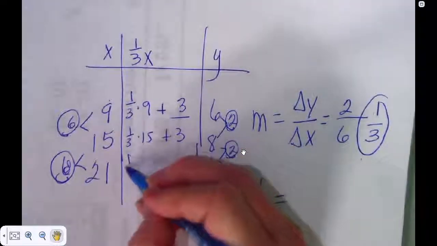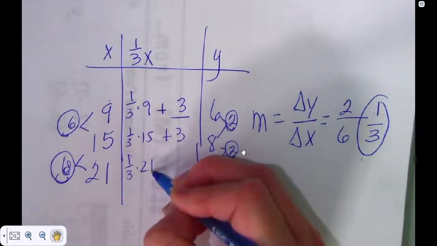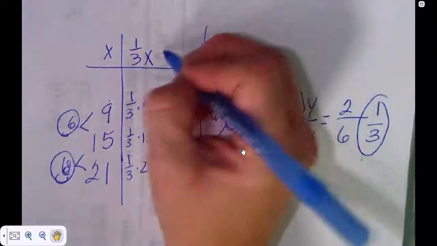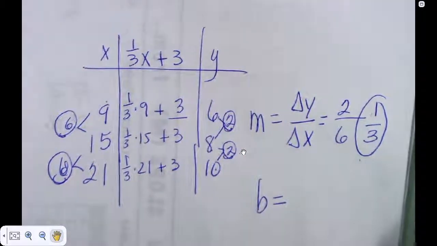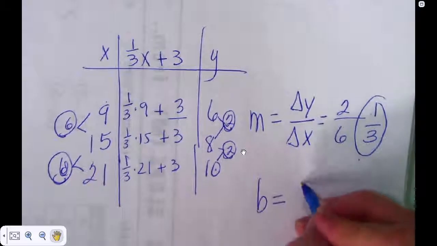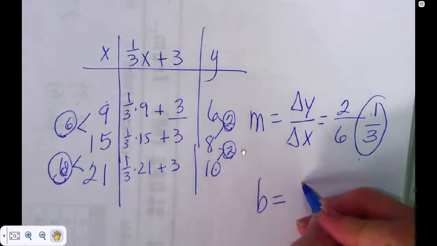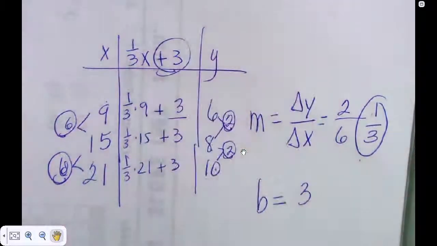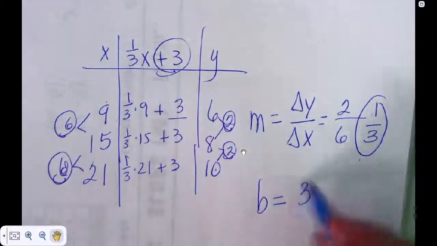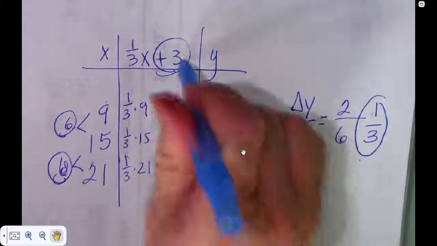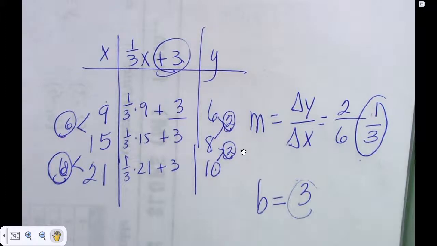Yes. 1/3 of 21 is 7. Plus 3 is 10. So what's my y-intercept? 3. 3 is your y-intercept. So, do we know how to do the rate of change now?